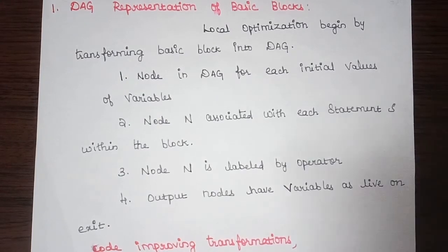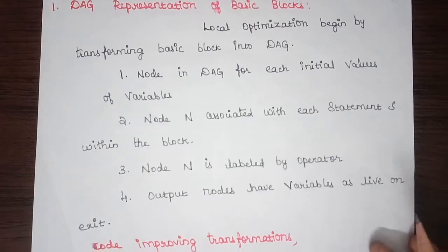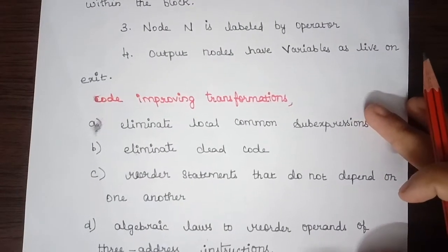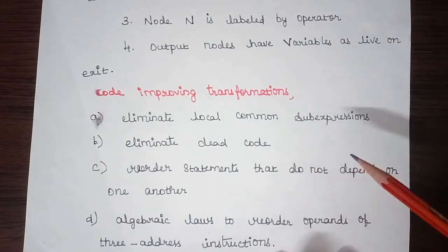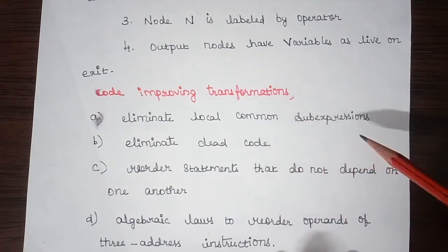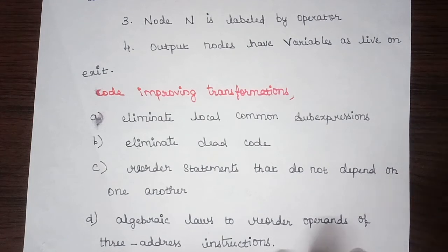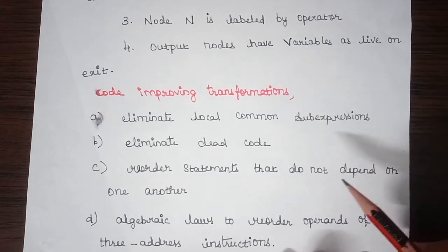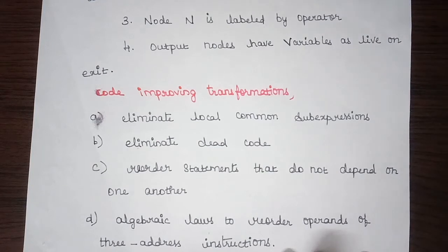With the help of this DAG representation of a basic block, we can perform several code-improving transformations on the code represented by the block. First, we can eliminate local common subexpressions, which are instructions that compute a value that has already been computed.